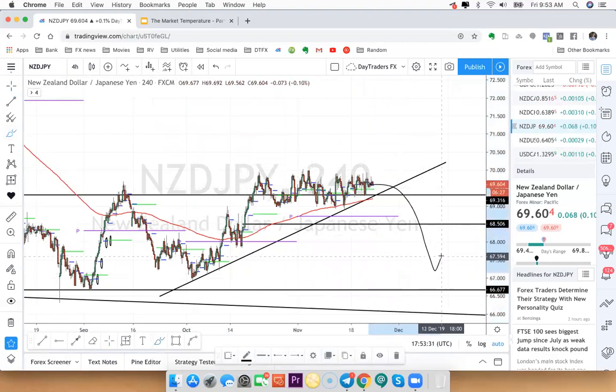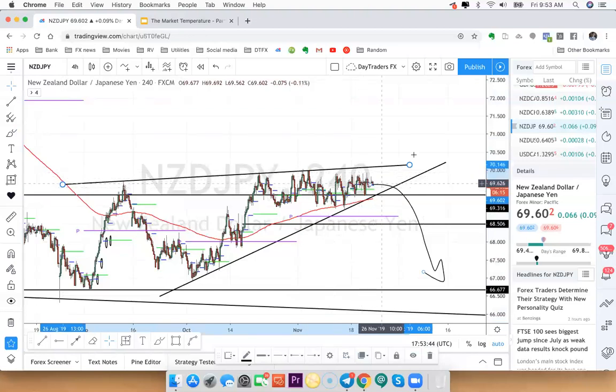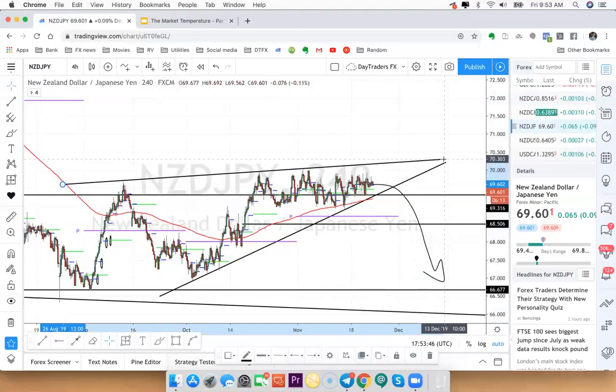We could see this thing run down, 100 to 200 to 300 pips from a breakout, and that's great, right? And technically speaking, we've got a little bit of a rising wedge here, and this could very much help this New Zealand yen sell off and make its way lower. So I'm open to that.